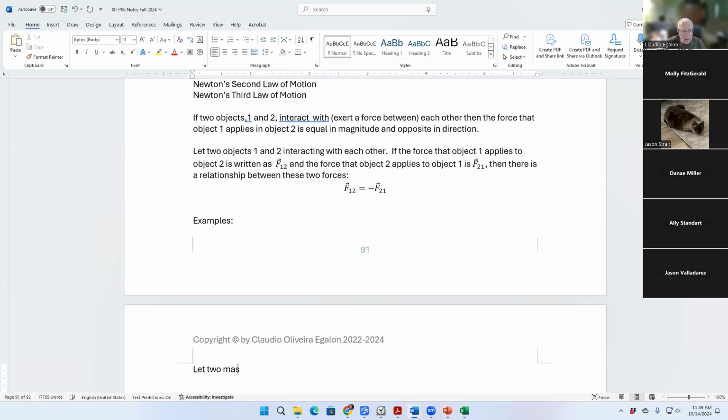Let 2 masses, M1 and M2, be sitting on a horizontal frictionless surface.